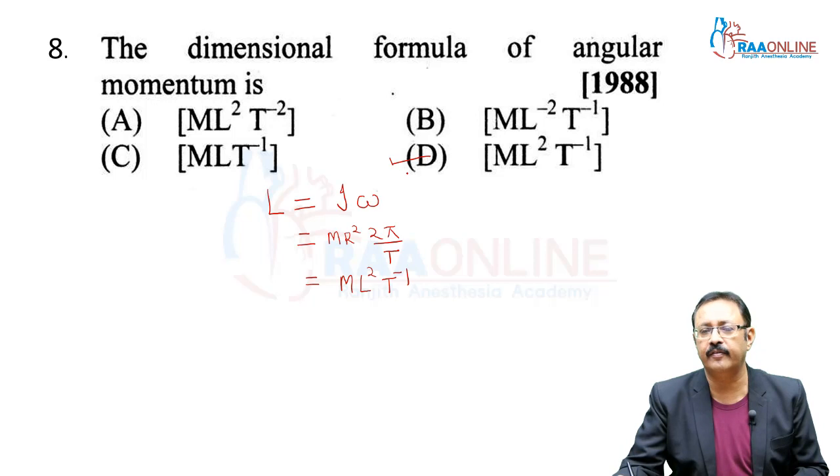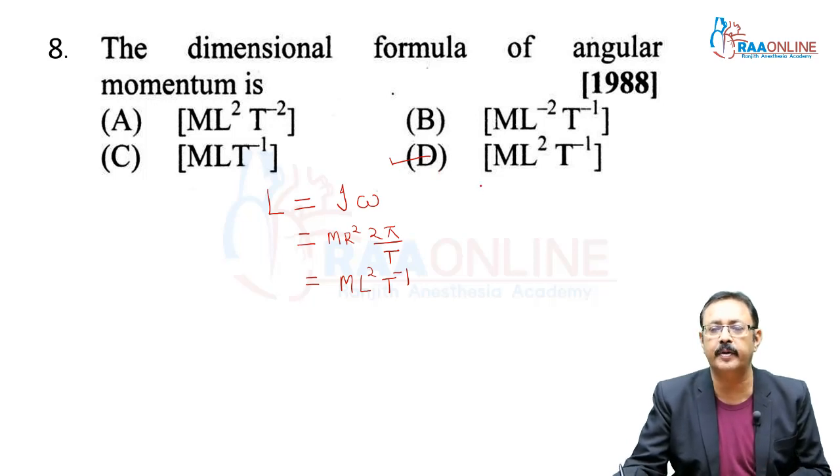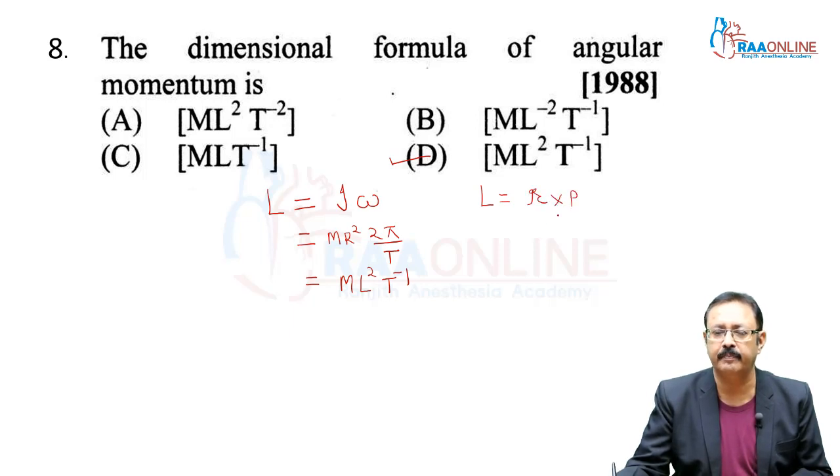Or you can say, what is L? Moment of momentum means R cross P. P is linear momentum and its formula is mass into velocity.